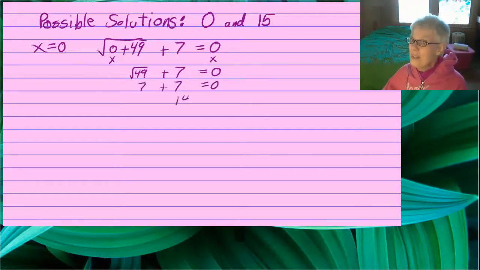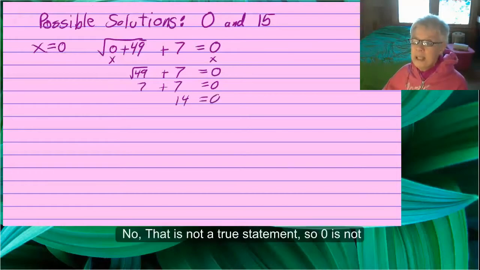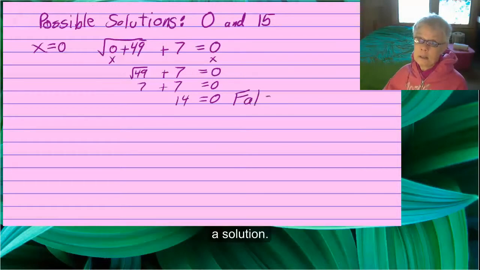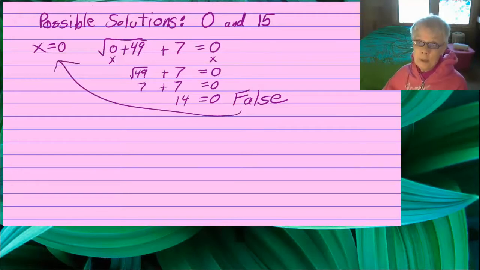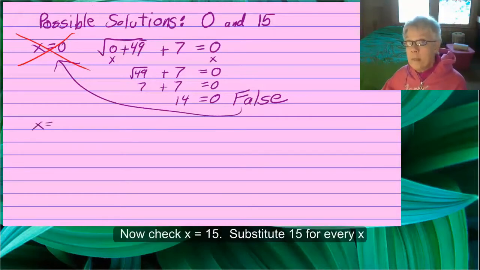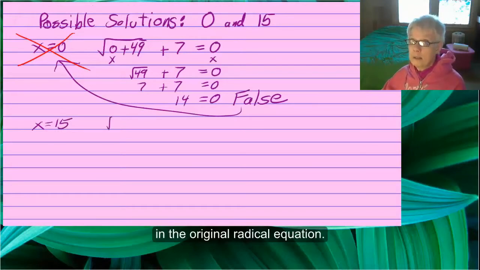No, I don't think so. 14 equals 0 is false. So that means that 0 is not a solution. Now that doesn't mean that 15 automatically is. We need to check 15 as well.